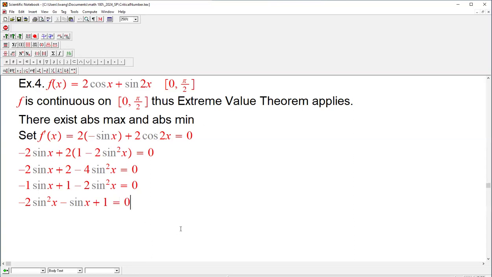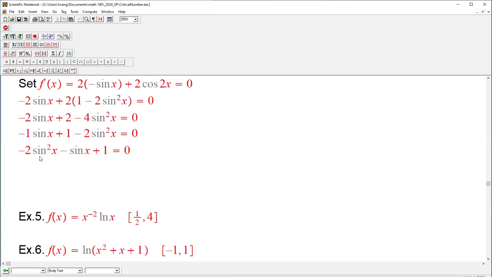Doesn't this look like a quadratic function, except that the sine x is being tweaked? If we divide by negative 1, we get 2 times sine squared x plus sine x minus 1 equals 0.